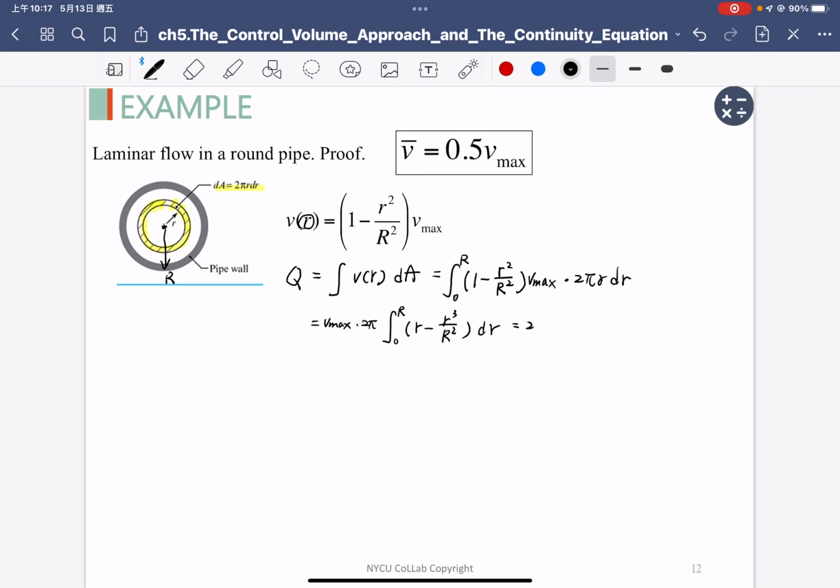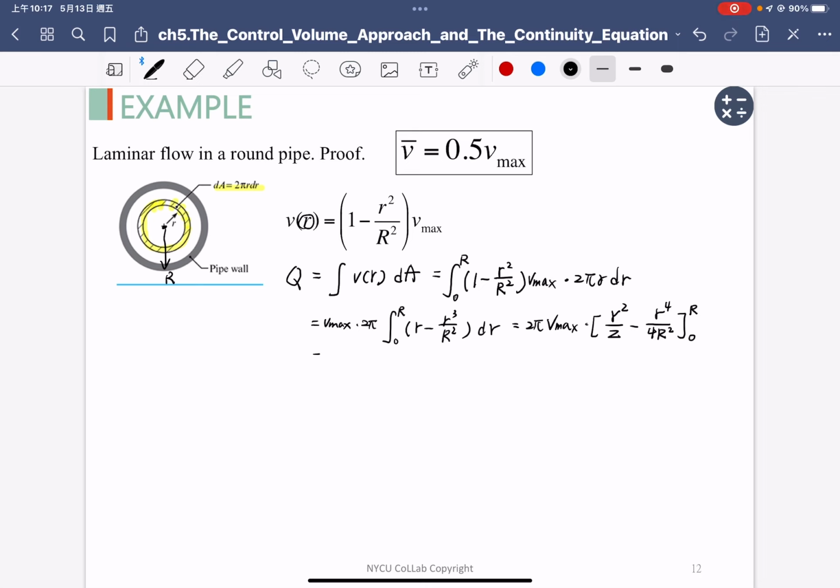So there is a 2 pi V maxima, and the integration will be equal to r squared over 2, minus r to the fourth power over 4 R squared. The interval starts from 0 to capital R, the total radius.